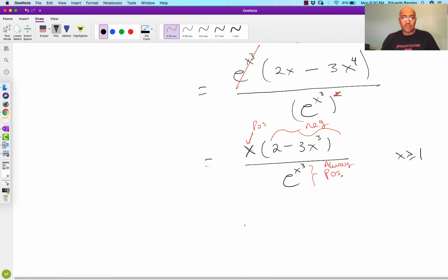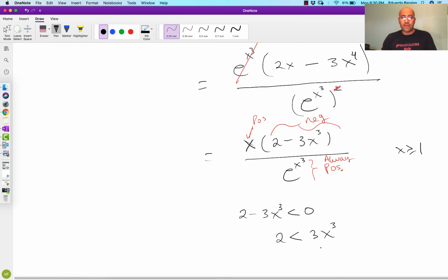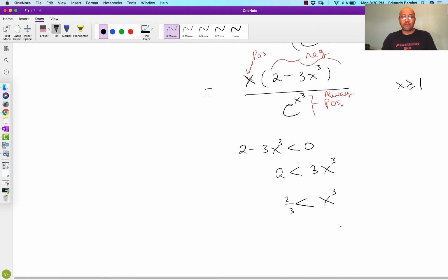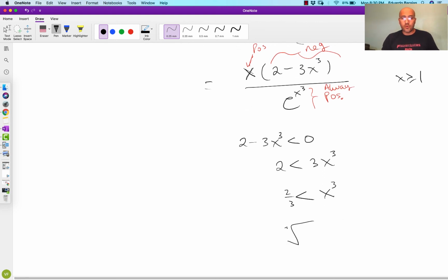The whole thing is going to be negative whenever 2 minus 3x cubed is negative, below 0, which means 2 is less than 3x cubed, which means that 2/3 is less than x cubed, which means we're looking for the cube root of 2/3.